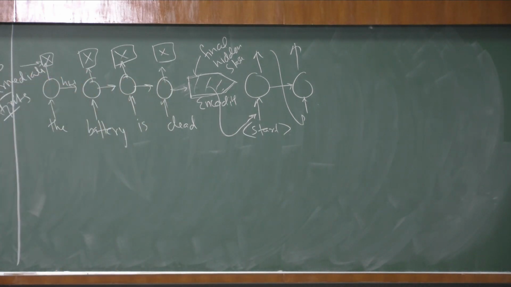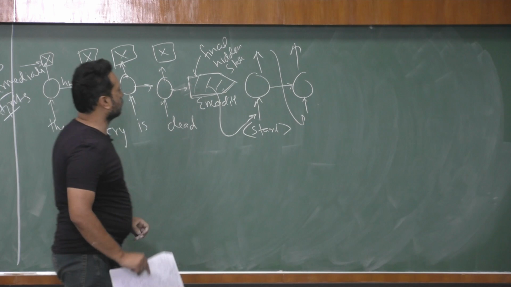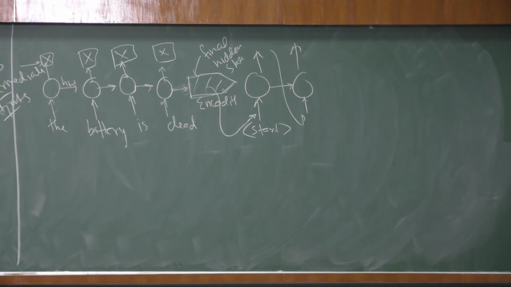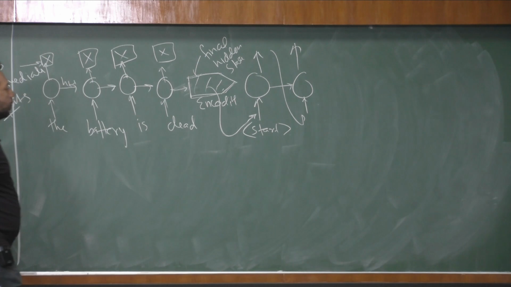along with some start token, or it may not be any start token. Usually we will use some start token, and along with this encoding, it will start producing, let us say, the translation. The first word in the translated sequence is produced, and then the output of that first word goes in as an input, and then it produces the next word in the sequence.